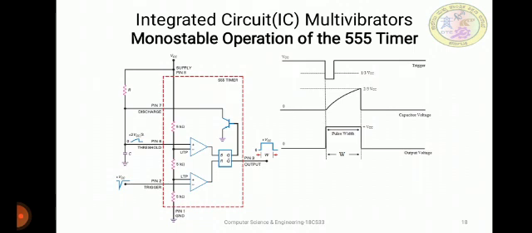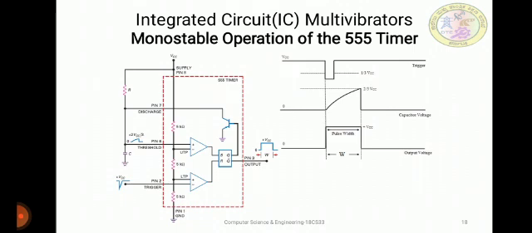The monostable 555 timer circuit triggers on a negative going pulse, as I said before, applied to pin 2, and this trigger pulse must be shorter than the output pulse width, allowing time for the timing capacitor to charge and then discharge fully. Once triggered, the 555 monostable will remain in this high unstable output state until the time period set by the R1 and C1 network has elapsed.